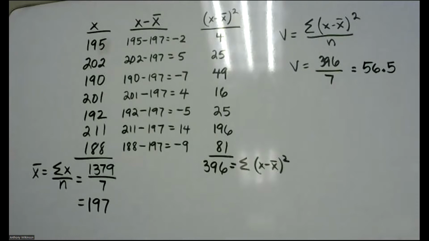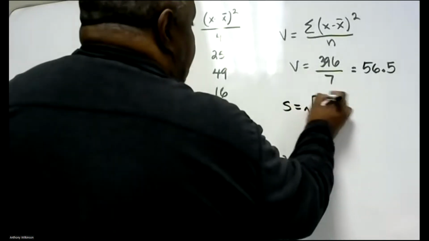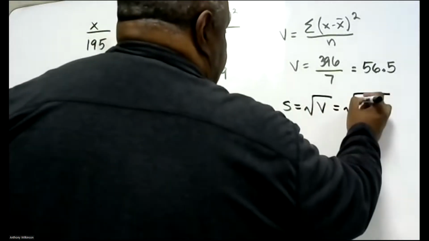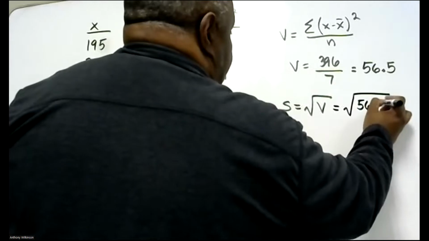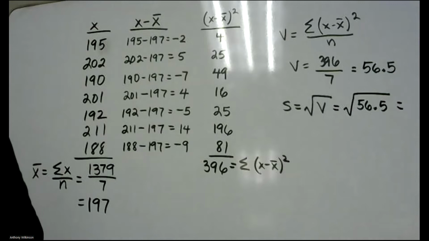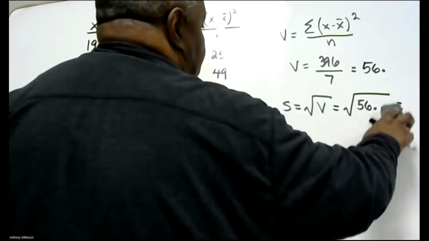And now step number 6 is just to find the square root of the variance to obtain the standard deviation. So your standard deviation is simply the square root of the variance. And our variance was 56.6.